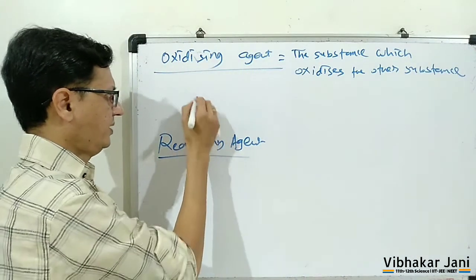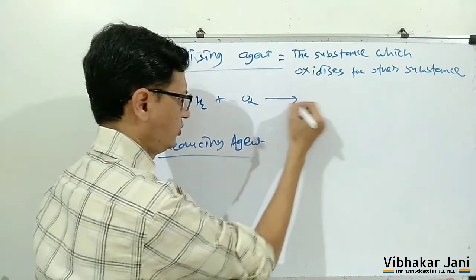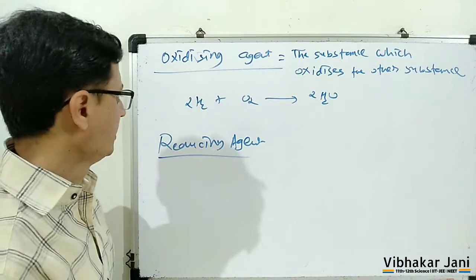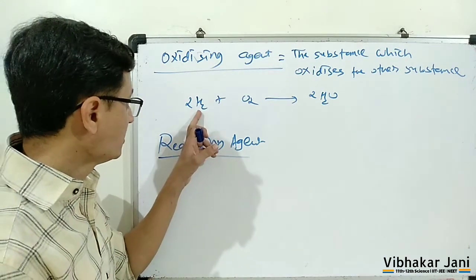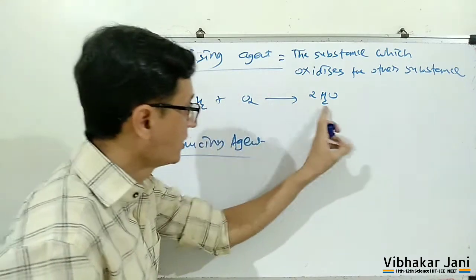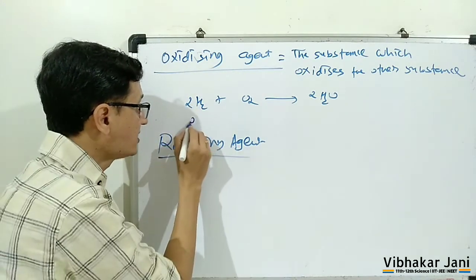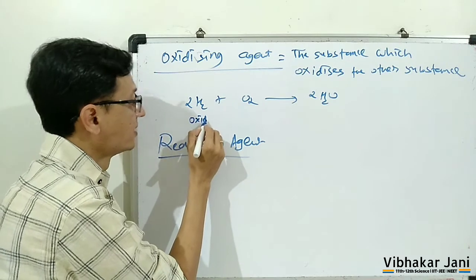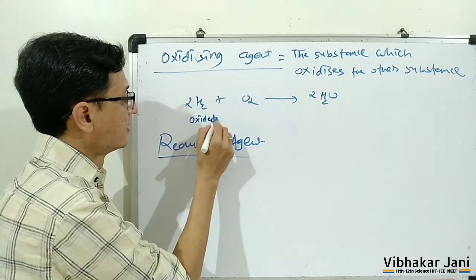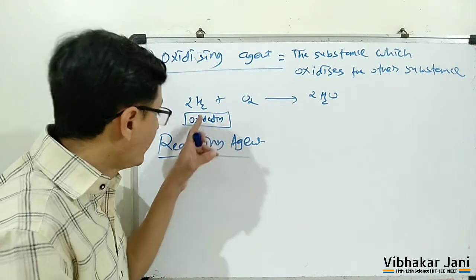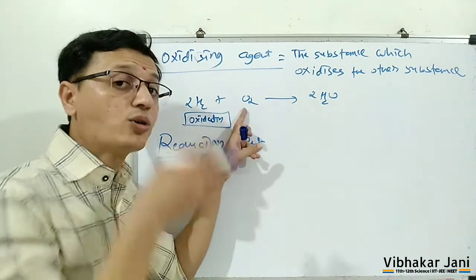Let us take an example. H2 plus O2 gives H2O. Now here, hydrogen is reacting with oxygen to give H2O. That means hydrogen is oxidized. Hydrogen is oxidized, but hydrogen is oxidized by oxygen.